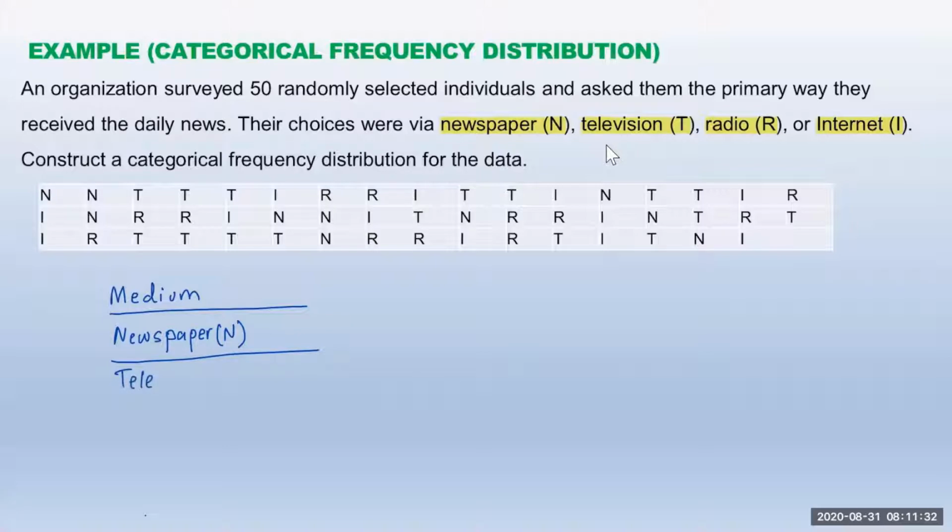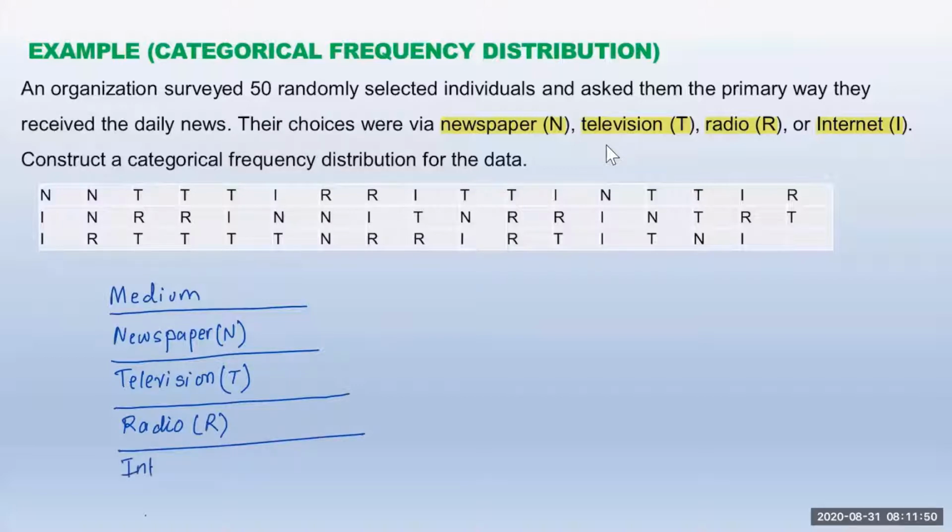We write here, television denoted by T. Make sure you follow along with me like this. Radio, R. And the last one is internet, denoted by I. These are the four different ways they receive the news.